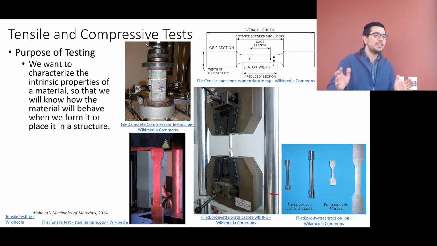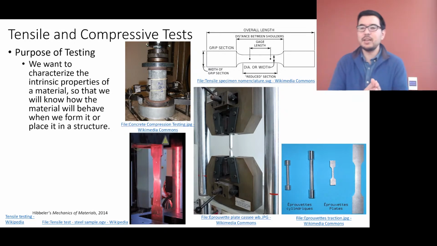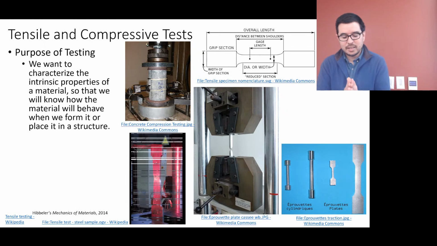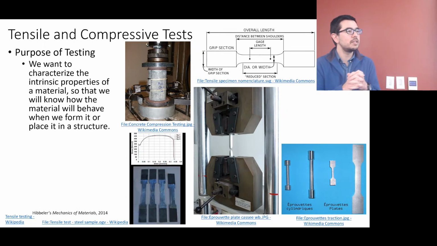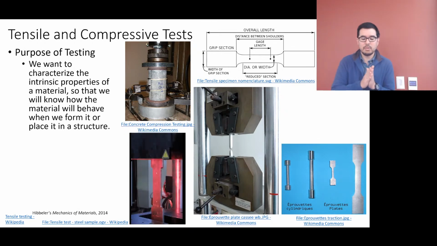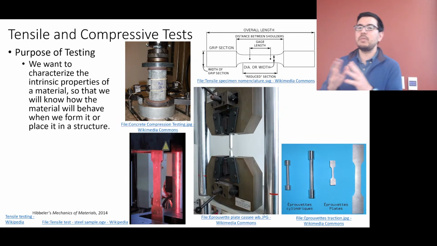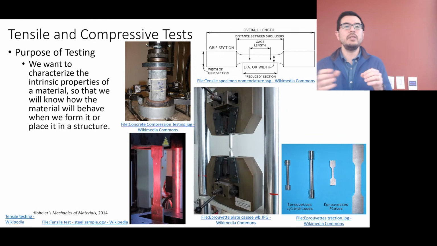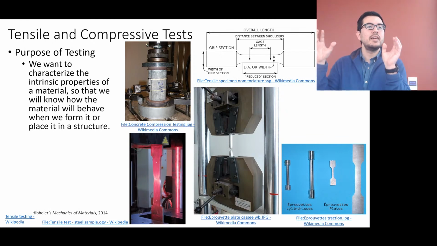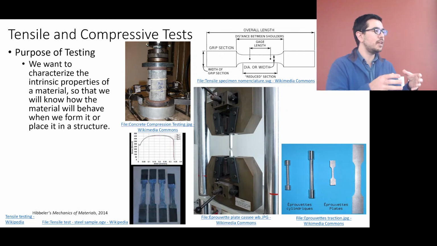What is the purpose of testing? Well, we want to characterize the intrinsic properties of the material so that we will know how the material will behave when we form it or place it in a structure. The last time we were here, I discussed briefly how you're not going to take a bridge and put it in a material testing machine.